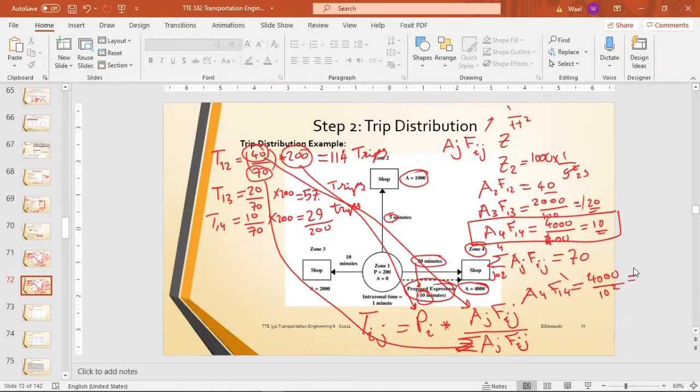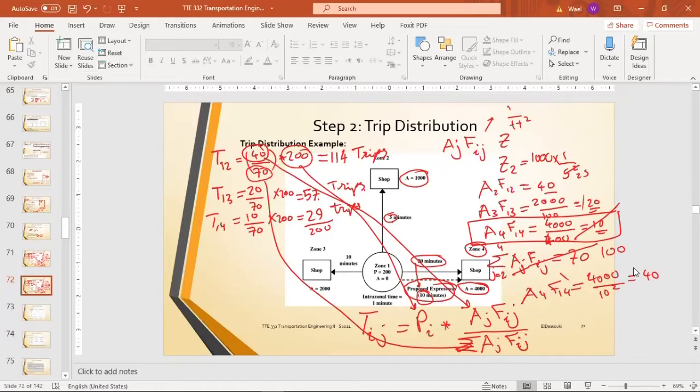So here the friction will be 40. That means this will no longer be correct. It's going to change. If we add 40 plus 20 plus 40, it's going to be 100. So this summation will be 100.